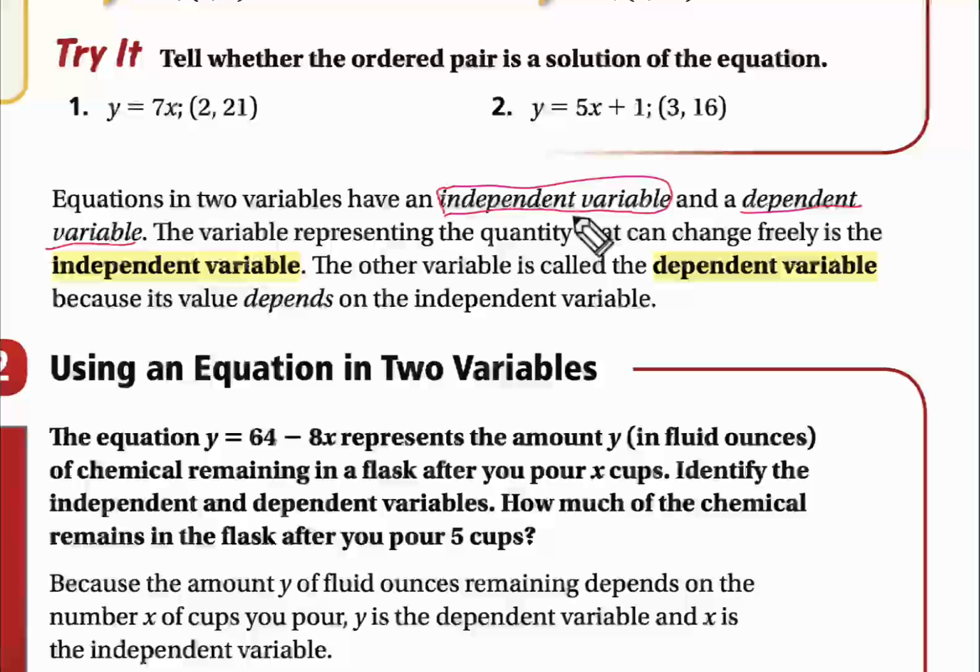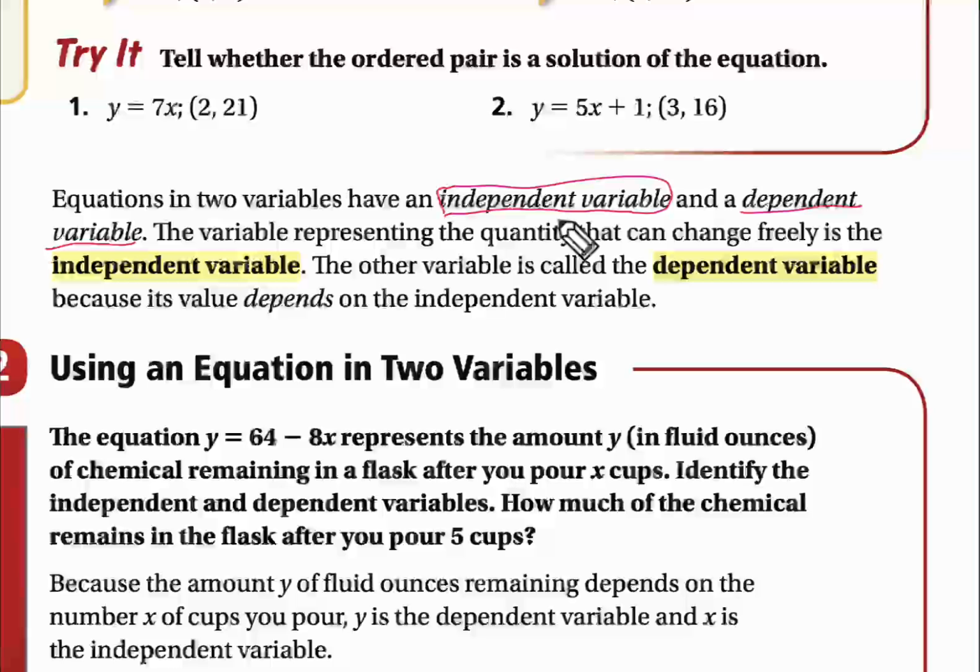The independent variable is a variable whose value can change freely. We have two variables. The one that can change freely, we call it independent. So the other one should be the dependent variable.